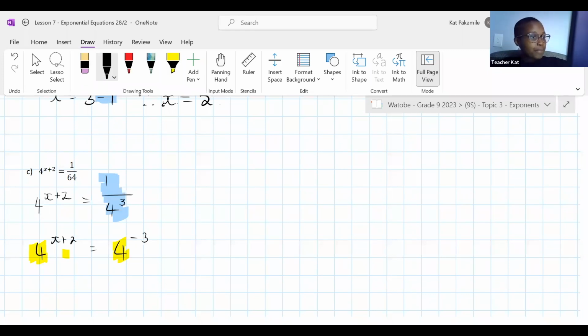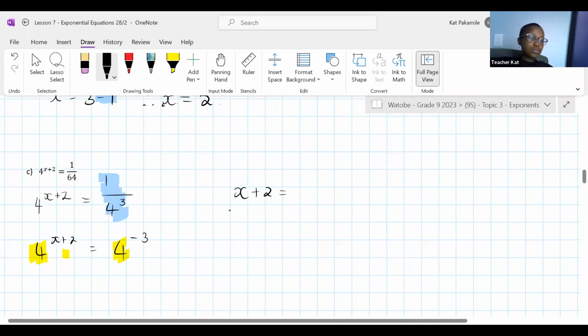Once we have the same bases, now we have to try get the powers to be the same. So how do we do that? We say they're equal. If your bases are the same, then your exponents are the same. Do you agree? Yes. So we're going to say x plus 2 is equal to what?